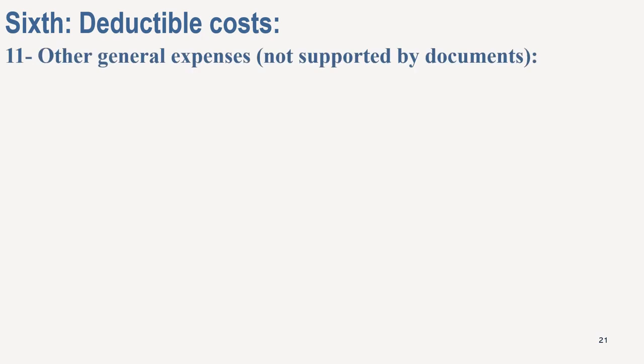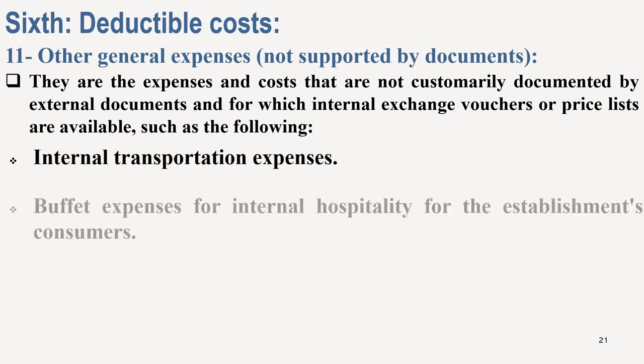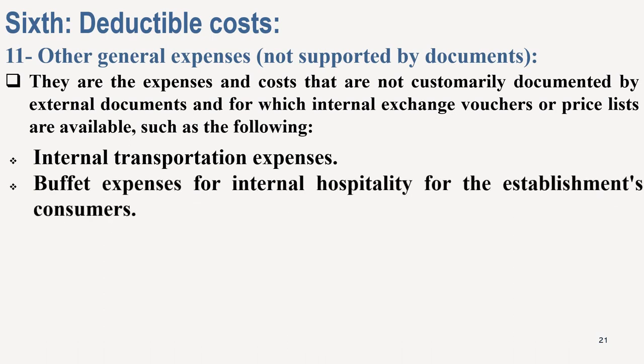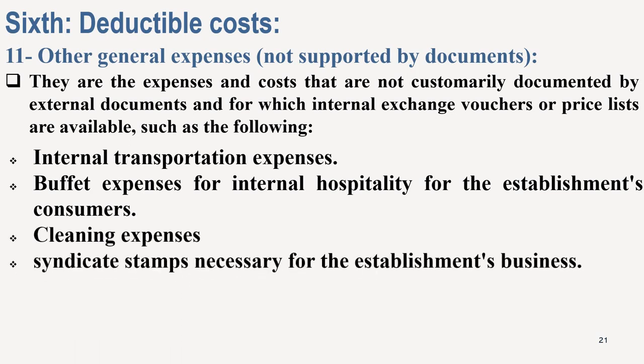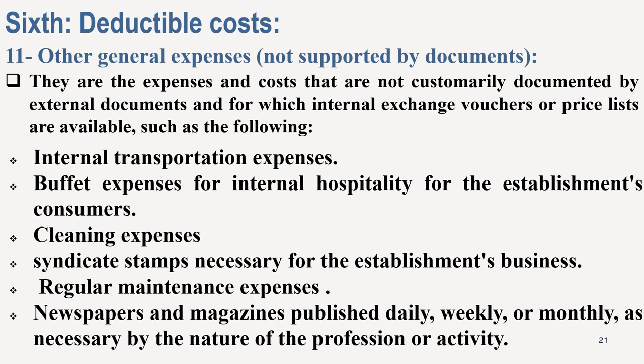Other general expenses not supported by documents are the expenses and costs that are not customarily documented by external documents and for which internal exchange vouchers or price lists are available, such as the following: internal transportation expenses, buffet expenses for internal hospitality for the establishment's customers, cleaning expenses, syndicate stamp necessary for the establishment's business, regular maintenance expense, newspapers and magazines published daily, weekly, or monthly as necessary by the nature of the profession or activity.